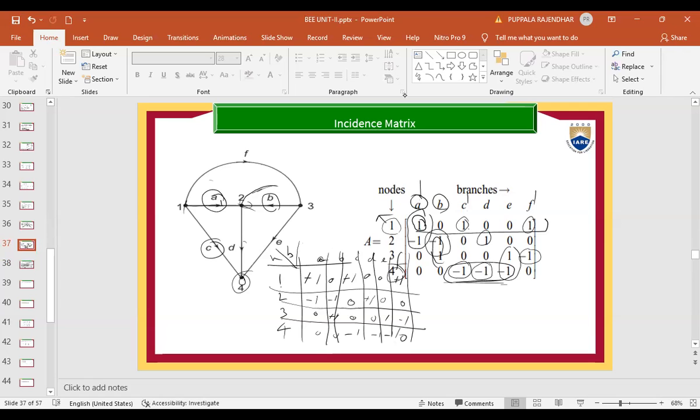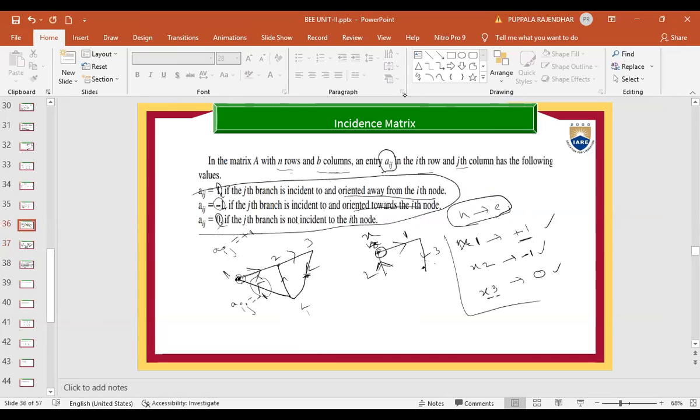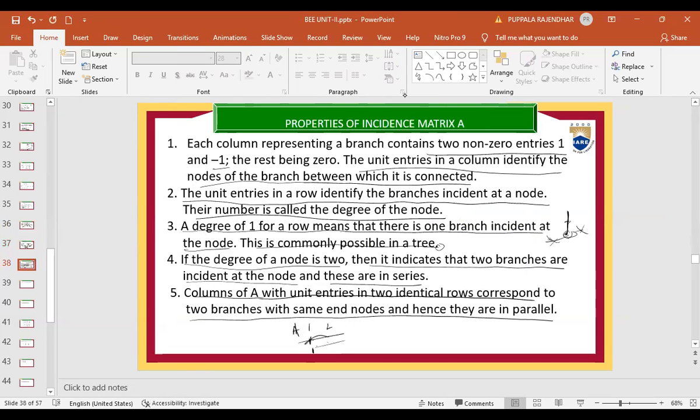Okay, we'll explain this by taking an example in the next slide.